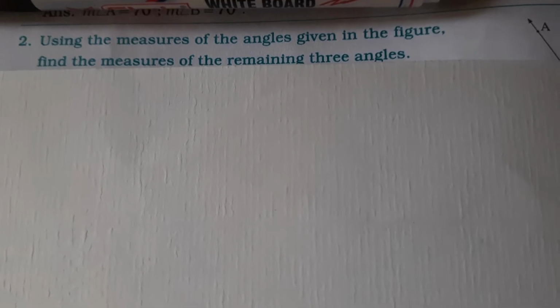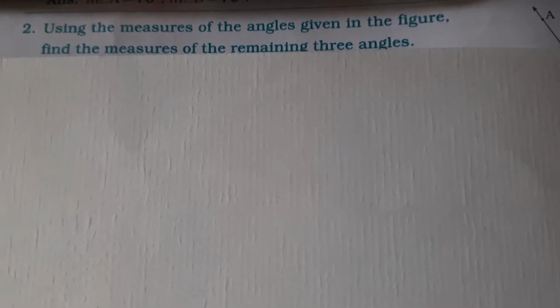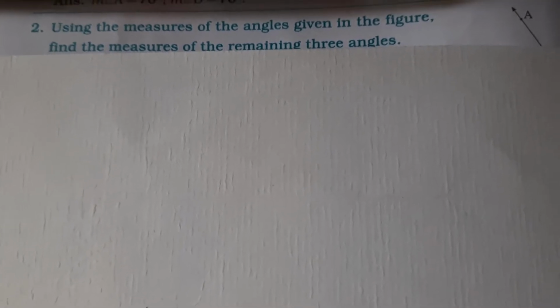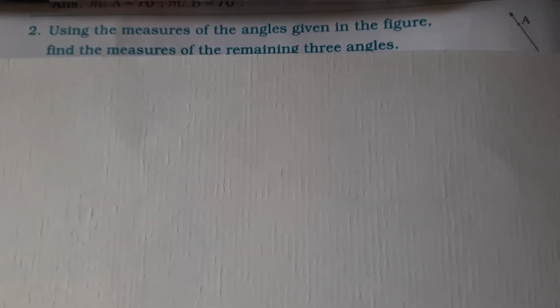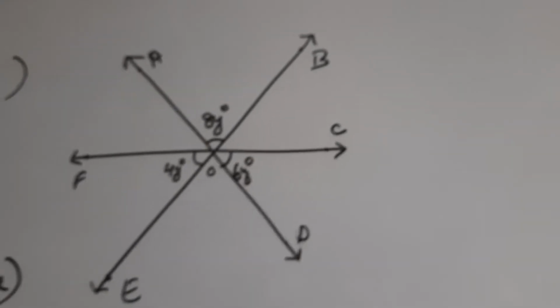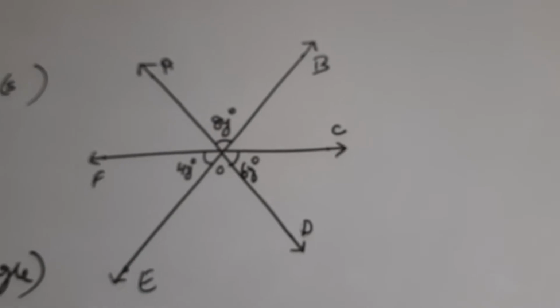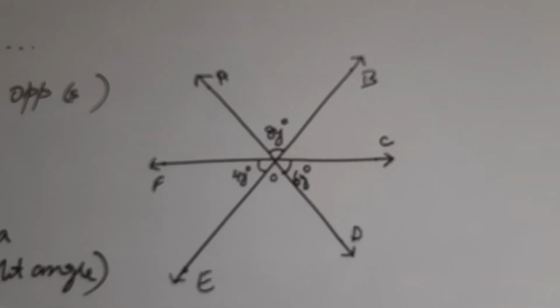So second question, using the measures of the angles given in the figure, find the measures of the remaining 3 angles. I'll show you the figure. So here's the figure, children. Look at the figure. You can see intersecting lines, and they have given us the measures of some of the angles over here.